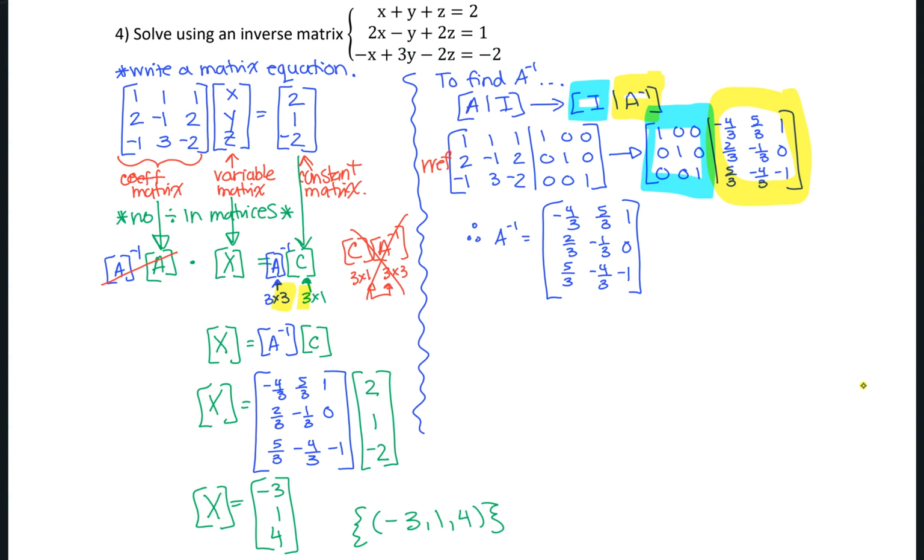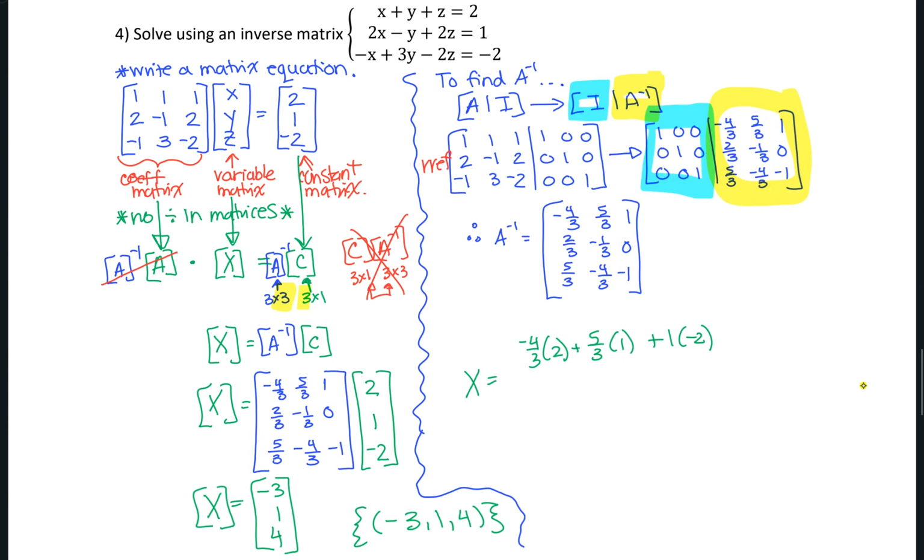Now the calculator did a lot of that for us, so I am going to actually show that we have A inverse times C and we get the right answer. So over here on the right, so now X, let's just check it by hand. X is equal to, so now this row by column, so we have it right here, let's do it by hand, row times column. So I have negative 4/3 times 2 plus 5/3 times 1 plus 1 times negative 2, right? That's this row times this column.